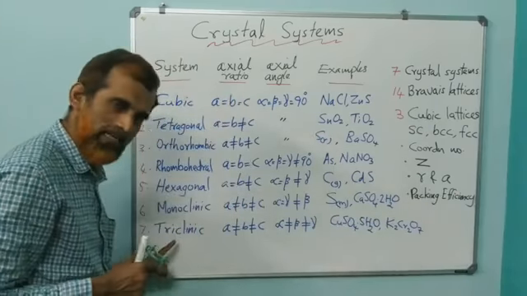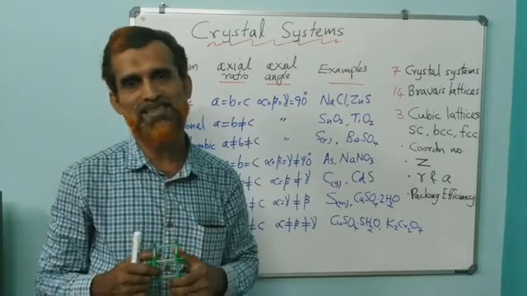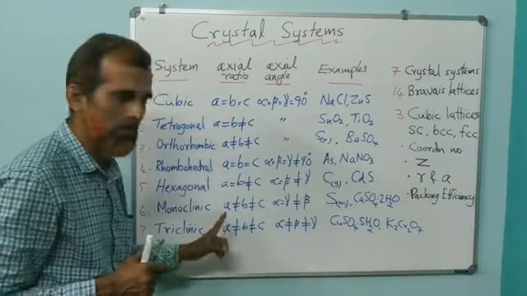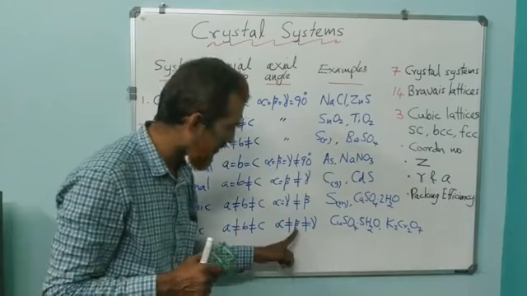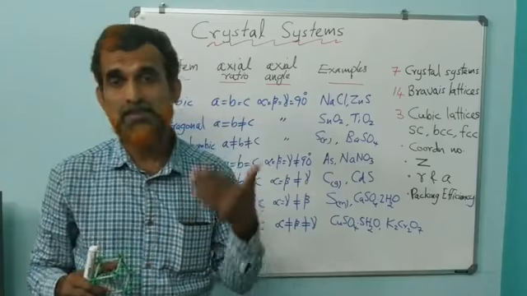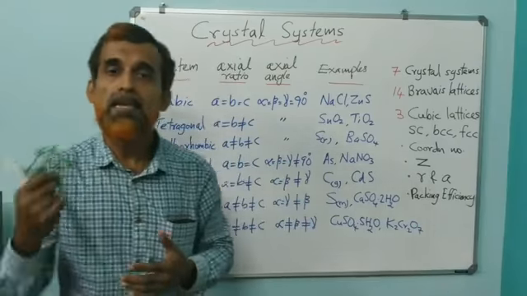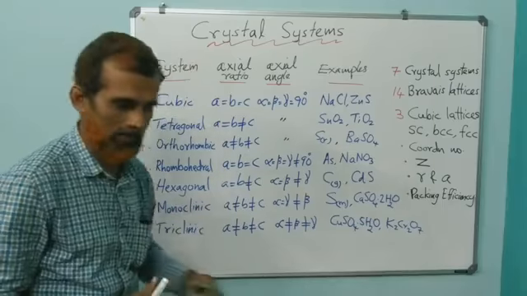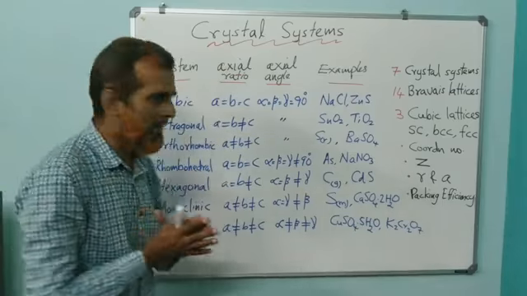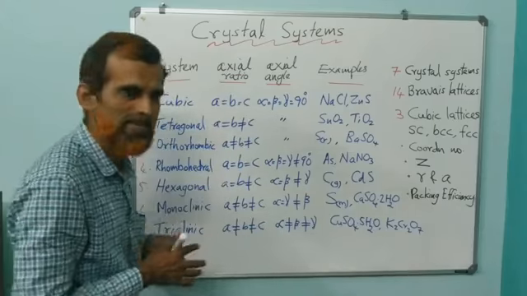And the last one, you see, triclinic. This is the most unsymmetric crystal system, because a ≠ b ≠ c, alpha ≠ beta ≠ gamma, all are unequal. So crystals can be most symmetric like cubic and least symmetric like triclinic. We can easily compare these 7 and memorize them very easily.